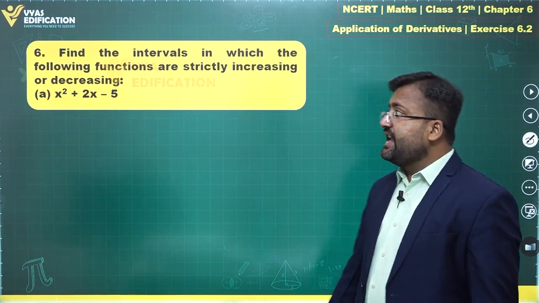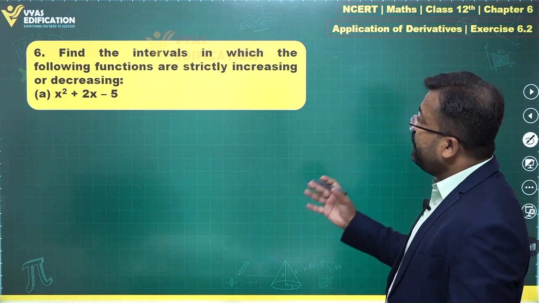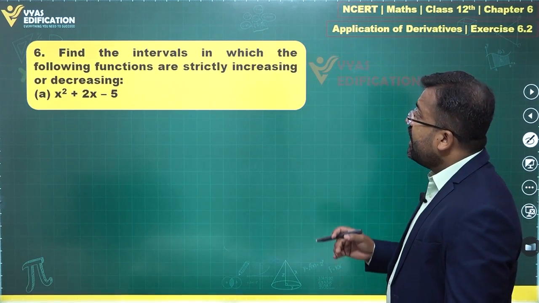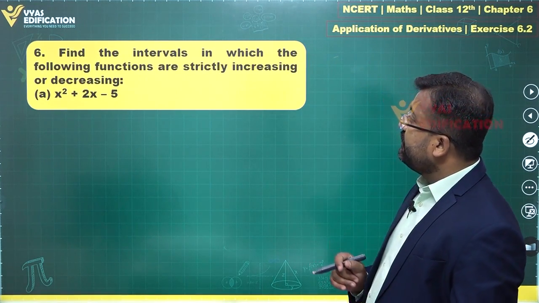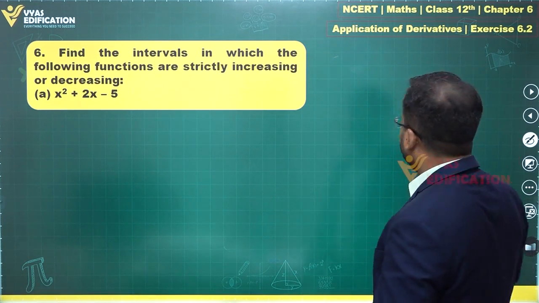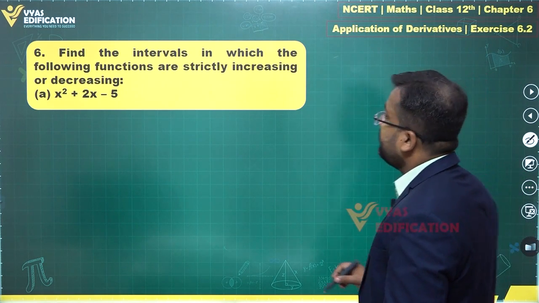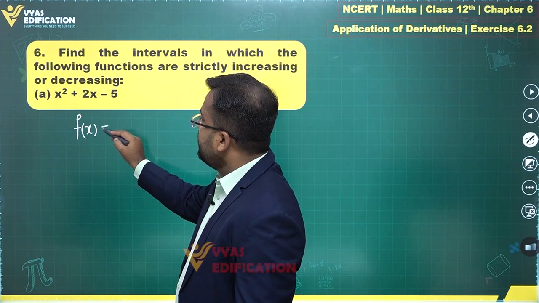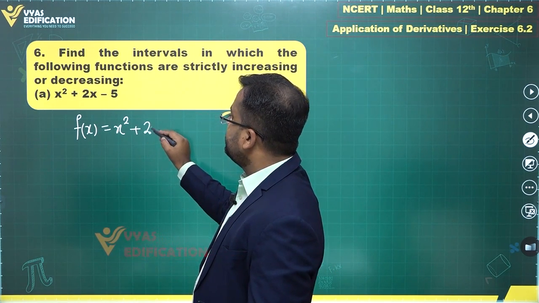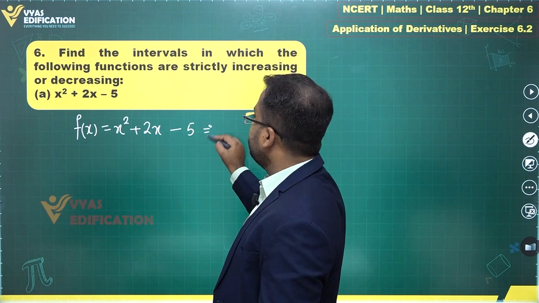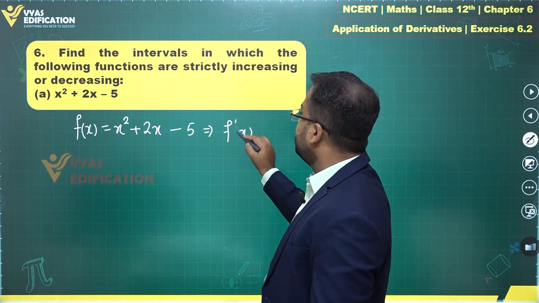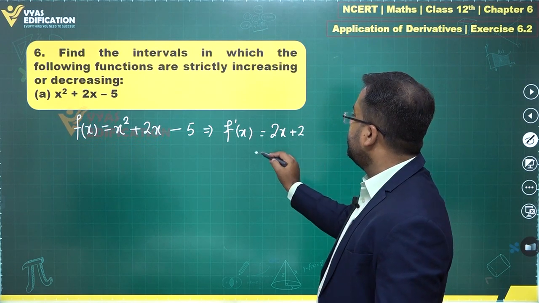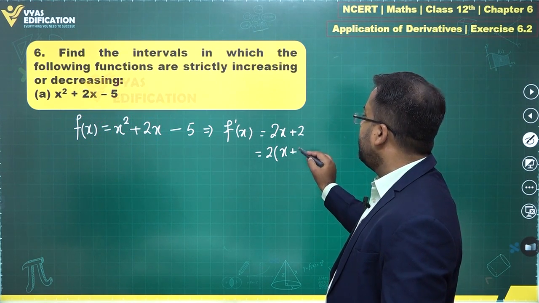The sixth question says, find the intervals in which the following functions are strictly increasing or decreasing. There are some parts of this question. That's what we are supposed to find. Okay. So let's call this function f(x) equals x^2 plus 2x minus 5, which gives me f prime x equal to 2x plus 2, which is 2 times (x plus 1).